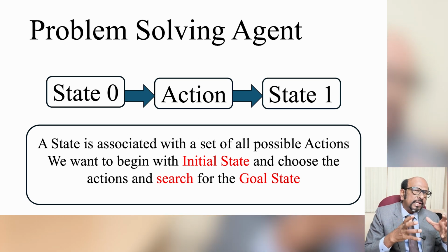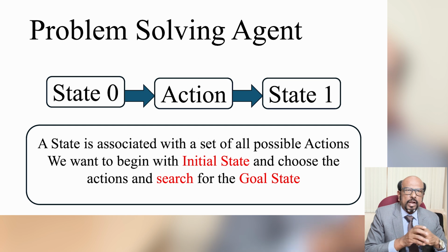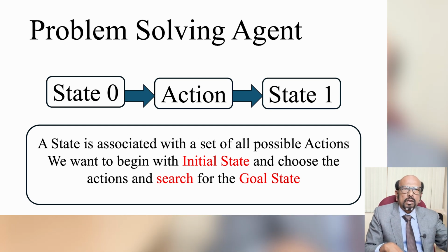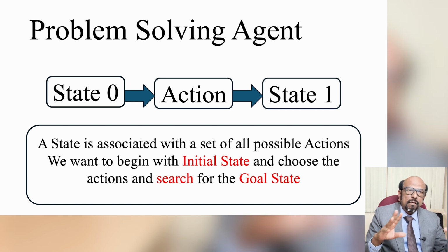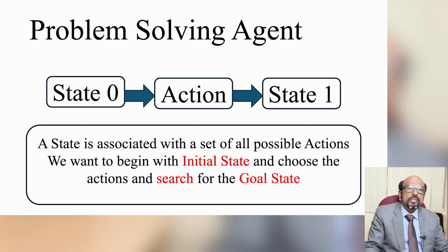When a state is given, it is associated with a set of possible actions. It's possible to take either action number 1, action number 2, action number 3, or action number 4. Each one will take you to a different state. Then you will have to continue your journey.